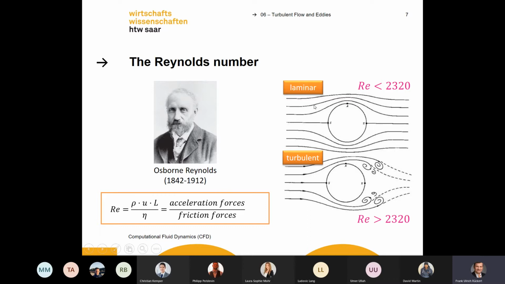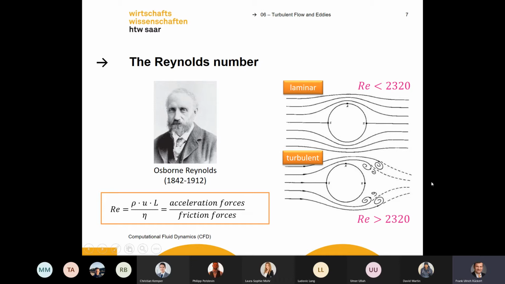And here you see fluid flow in a laminar region. That's more or less easy. Its Reynolds number should be smaller than 2320. And in the turbulent region, it gets this swirl region.